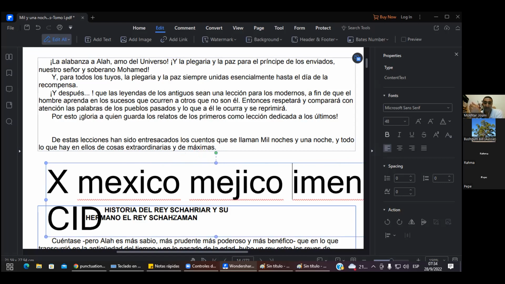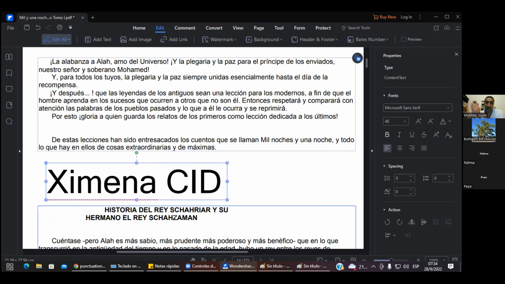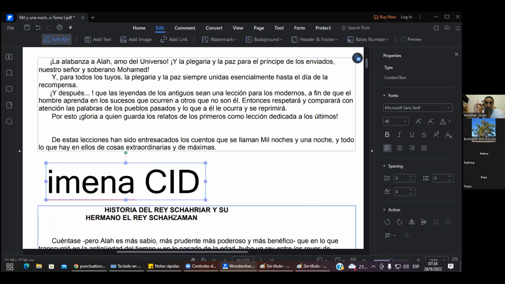That is a proper way. So it is accepted in the two ways. But you always pronounce Mexico because the X is now pronounced like the J, like it was.